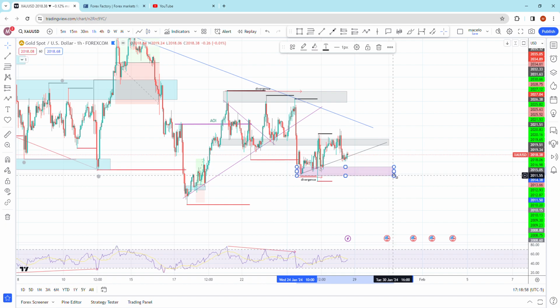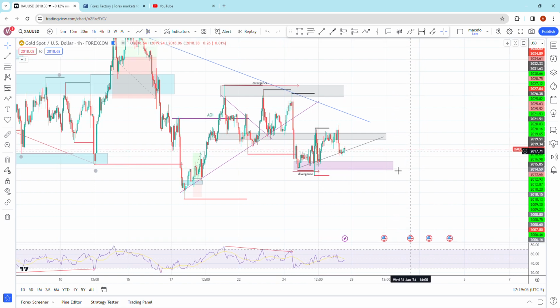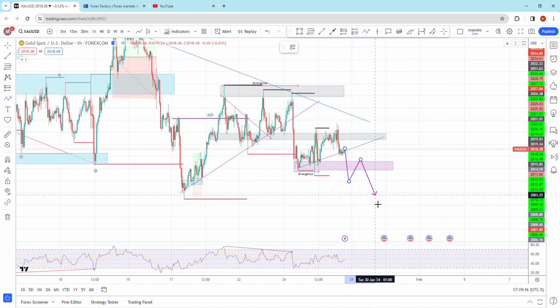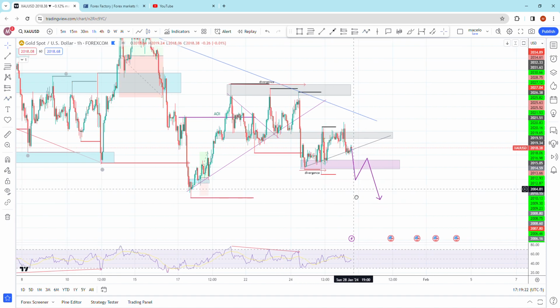I need to see if price is willing to break this area. If price can break this area here and give me some kind of pullback, whether it's back to this area or even here, then I'll carry down to around these areas here. So that's what I want to see for the upcoming week.